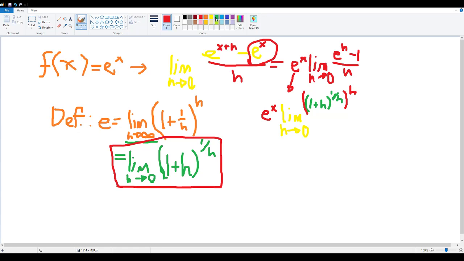Now, we need one more thing, which is this minus 1, and then divide it all by h. It's starting to look like Christmas here. So this is all equal to that.